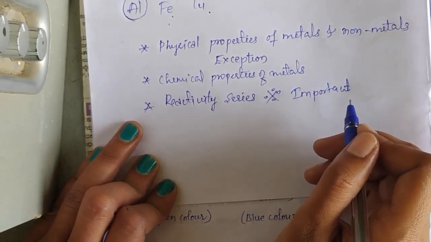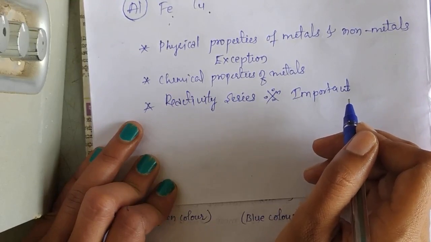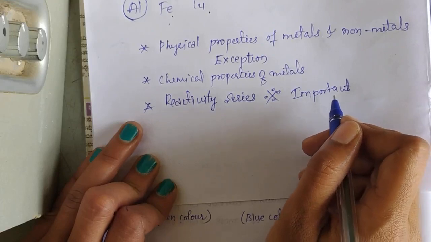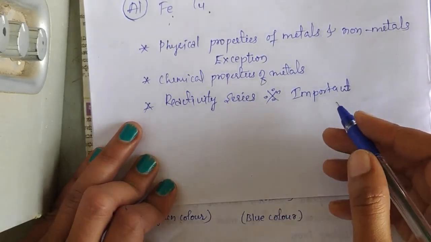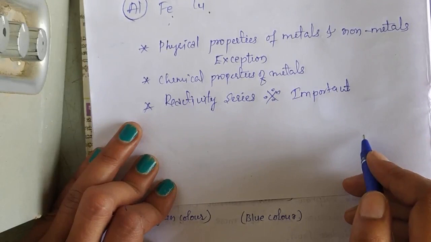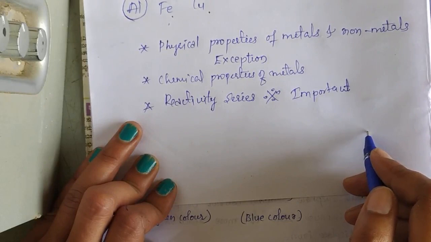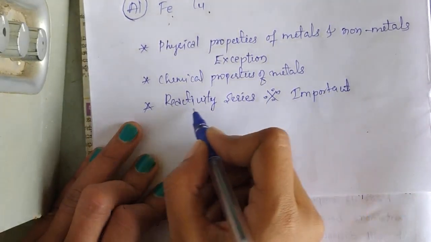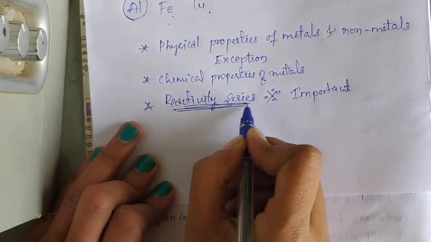Okay, they may ask directly what is the reactivity series, or what is the activity series, and along with this they can also ask to explain the reactivity of metals in the middle of the series or at the end of the series. Okay, reactivity series is very important.